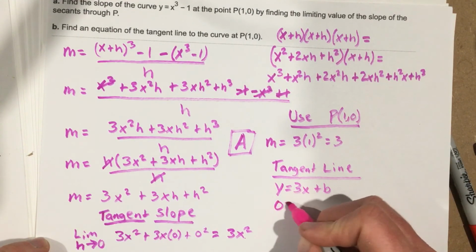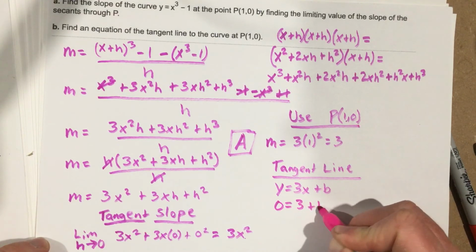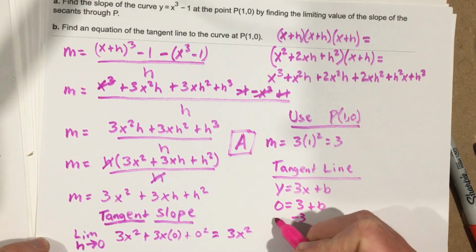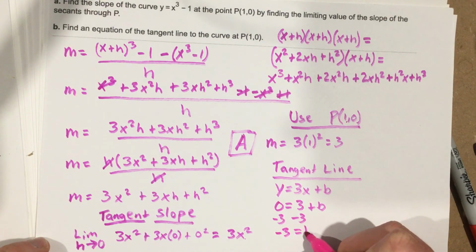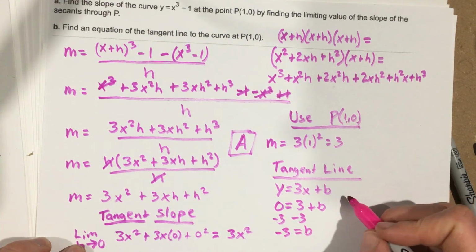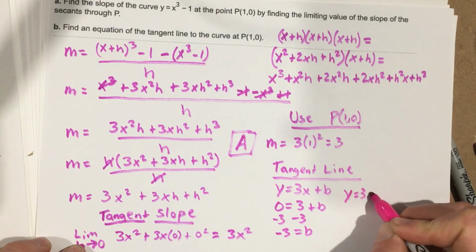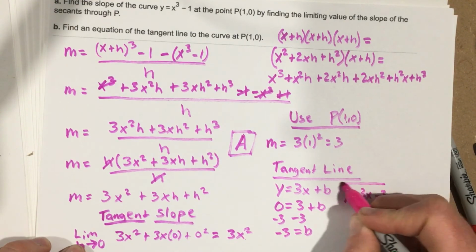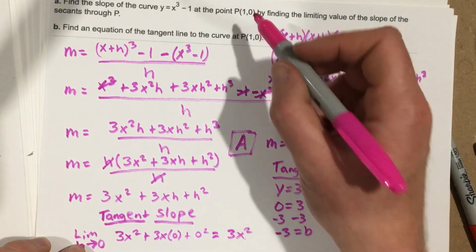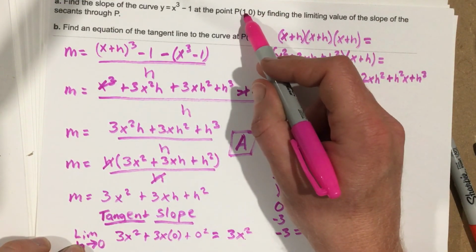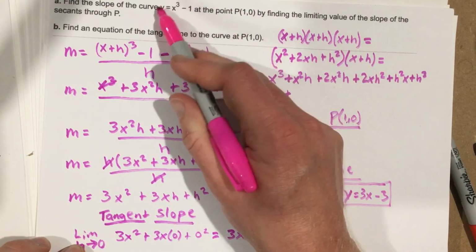So we get 0 equals 3 plus b. We subtract the 3 over, and we end up with negative 3 equals b. So our equation is y equals 3x minus 3. This is the tangent line at the point P(1, 0) on this curve here.